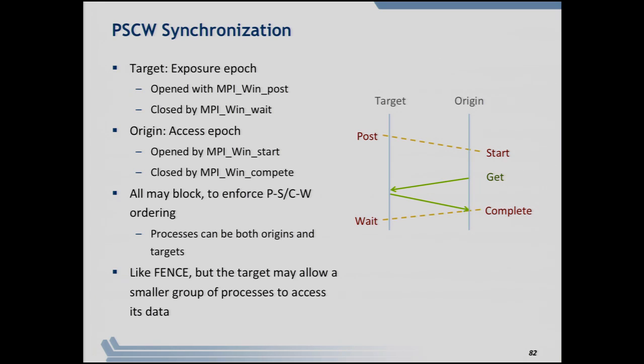If you've got hardware for the fence, the answer is probably no. But it does allow you to specify exactly the set of processes with whom you're communicating, the ones that you have put data to, the ones that you might be receiving data from. And again, the collection of processes participates in it. So a process which is only the target of RMA operations must still participate in this. This is why it's called active target. So all the processes in the window object are active in the synchronization.